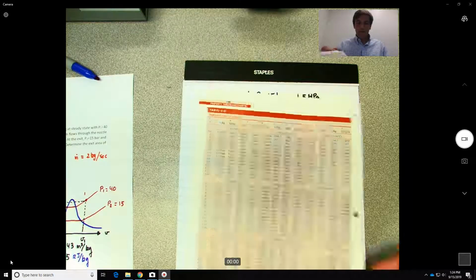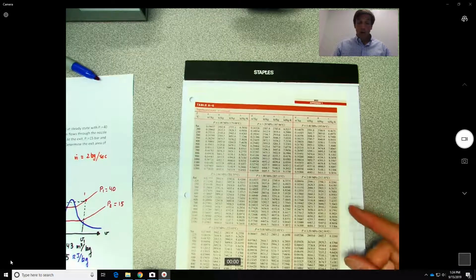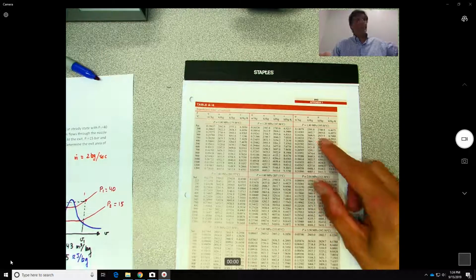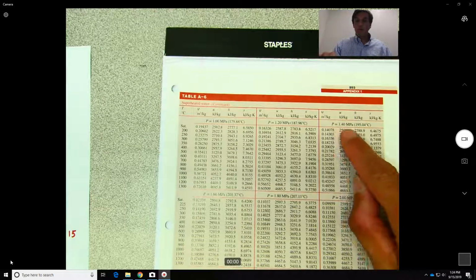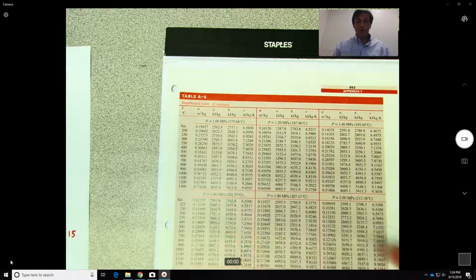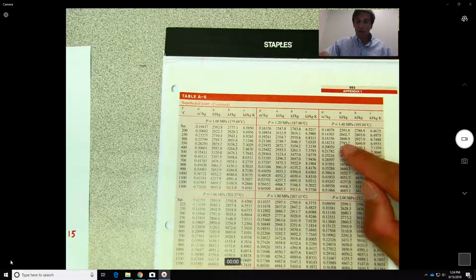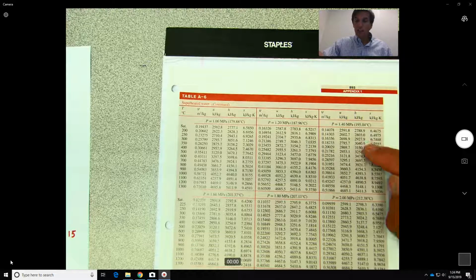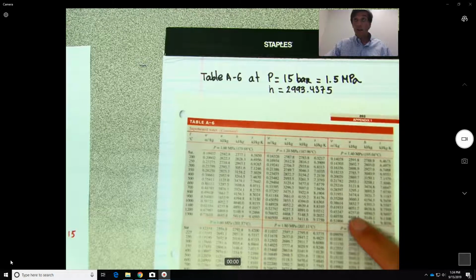Okay, so let's see on the other side. So we are out of luck because the table gives, let me zoom in, the values for 1.4 and 1.6. So the best thing we can do is to create our middle table for this one, but just for the values that we're interested in. So let's see, we know that H is 2,993.